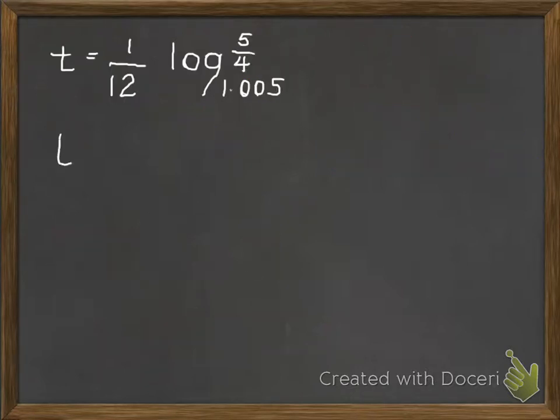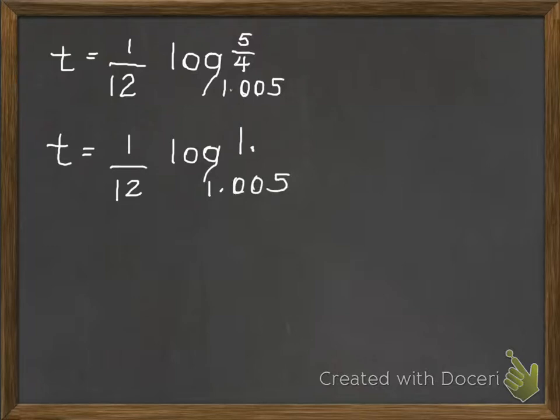Now this simplifies to t is equal to 1/12 log base 1.005 of, this is our domain, 1.25. 5 divided by 4 is 1.25.